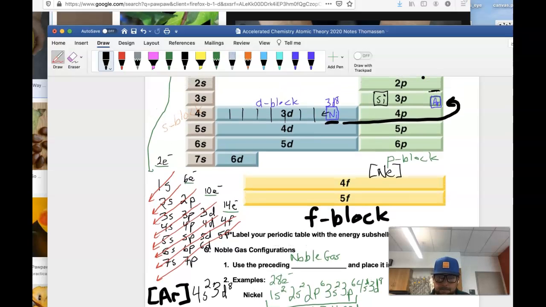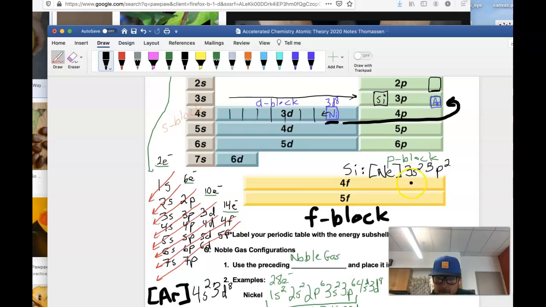And then after neon, it looks like the next orbital is 3s. So we'll say 3s2. And then there's no d electrons in this spot. So we skip all the way over to 3p2. And that is silicon's noble gas configuration, just going straight off the periodic table.